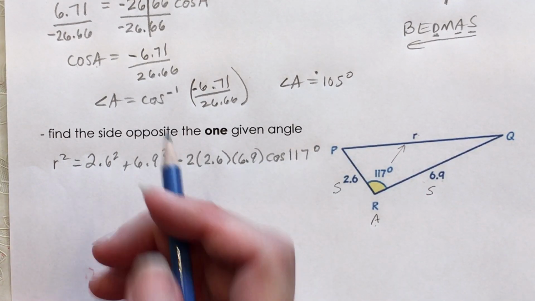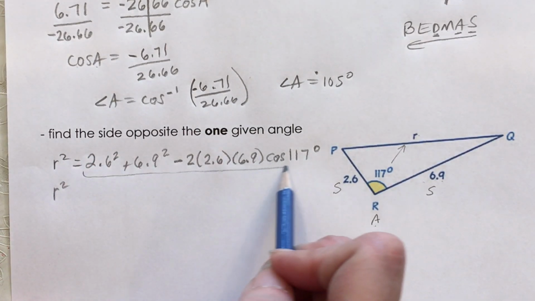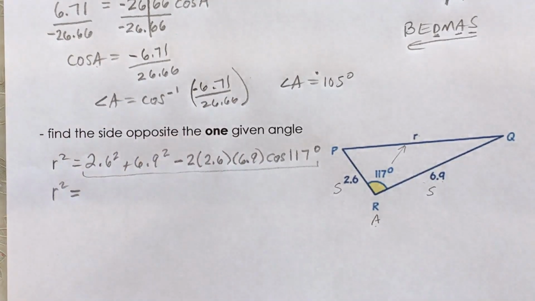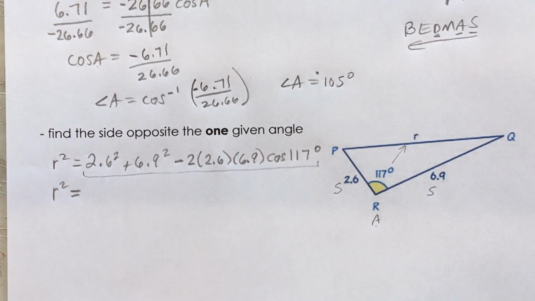So in grade 10, I focused on trying to get this whole entire number just in one time through our calculator. So you're going to type in 2.6 squared plus 6.9 squared minus 2 times 2.6 times 6.9 times, and then either 117 cos or cos 117 depending on your calculator.